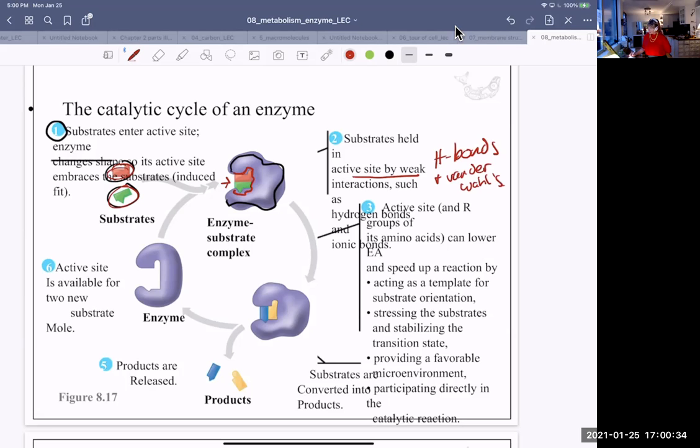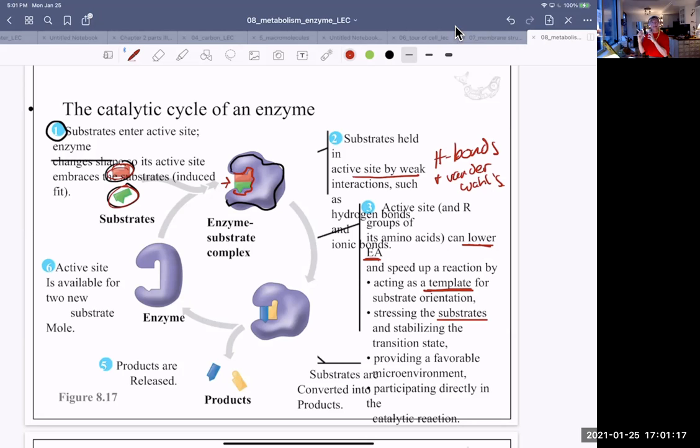So how does it lower the activation energy and speed up the reaction? Well, it's like a template sometimes, just kind of orienting the substrates in a conducive way. It might stress the substrates and stabilize the transition state. So if it's a case of hydrolysis, that one molecule that's going to be split might land pretty stable, but the enzyme kind of goes woohoo and it causes it to be less stable.